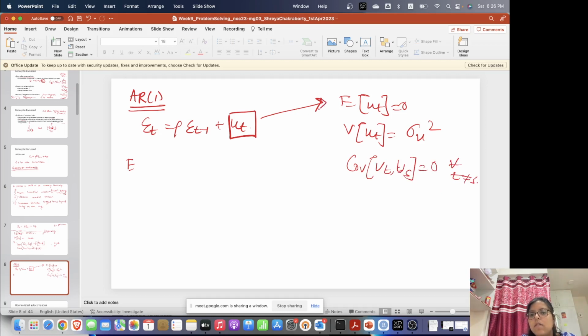So it follows all the assumptions and behaves like the errors of an OLS model.